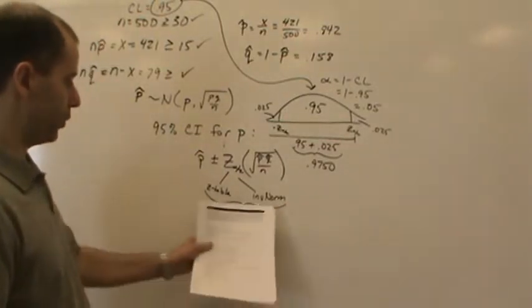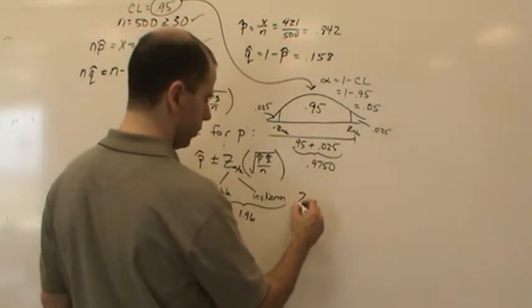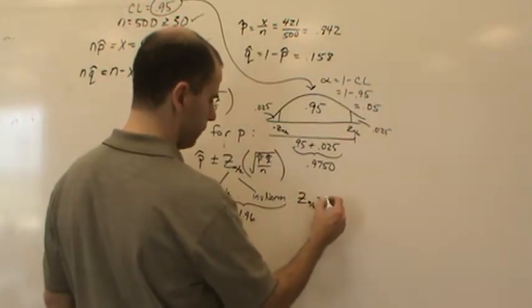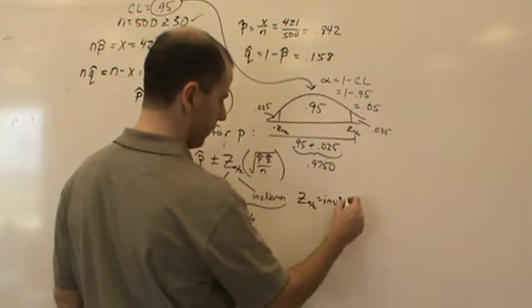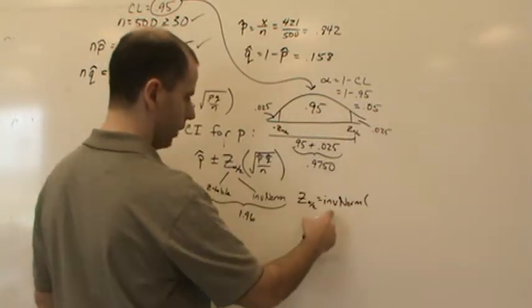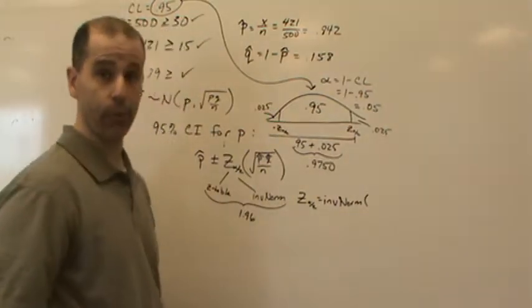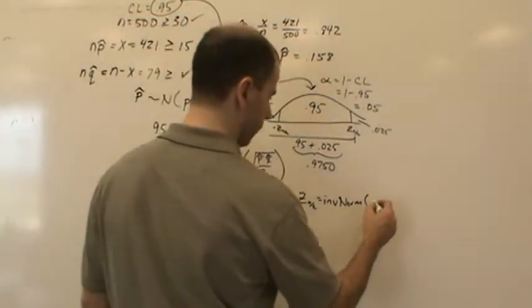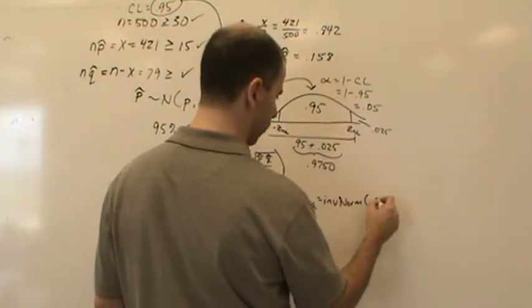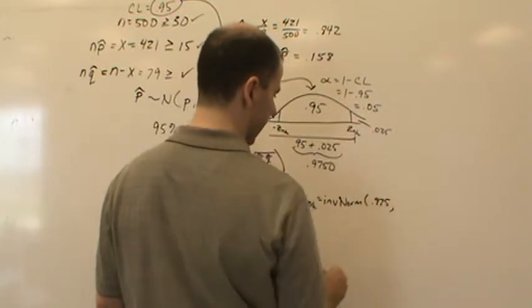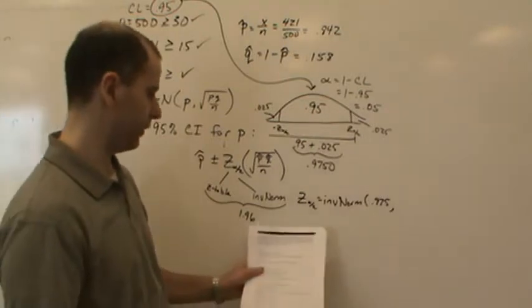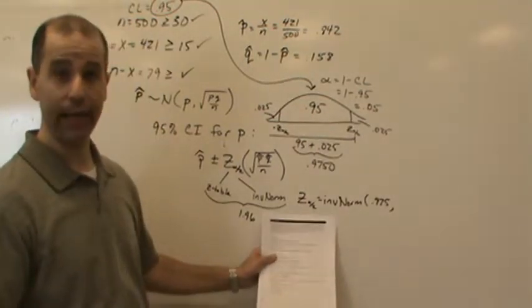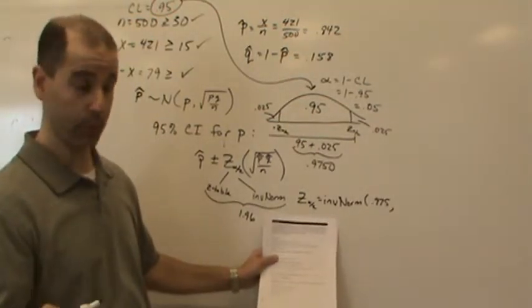Also, if you use inverse norm, remember you can use inverse norm by plugging in the right numbers. So inverse norm, the first argument, remember, is area to the left. So if you put in area to the left, you're going to put in the 0.975, followed by the mean and the standard deviation. Well, what's the mean and standard deviation for this z-score? Remember, it's a standard normal distribution.